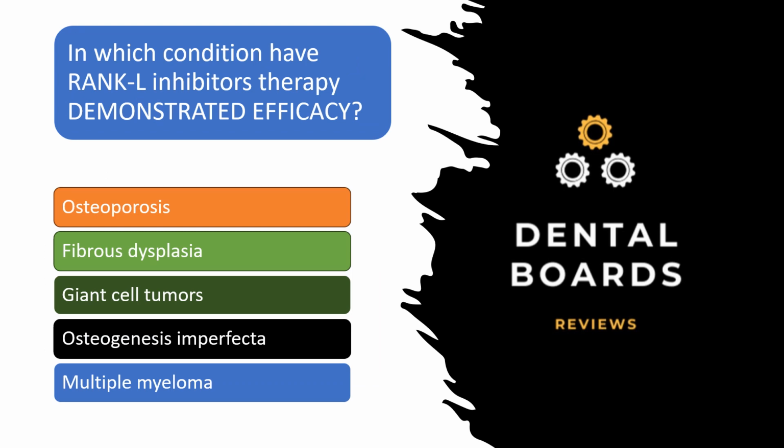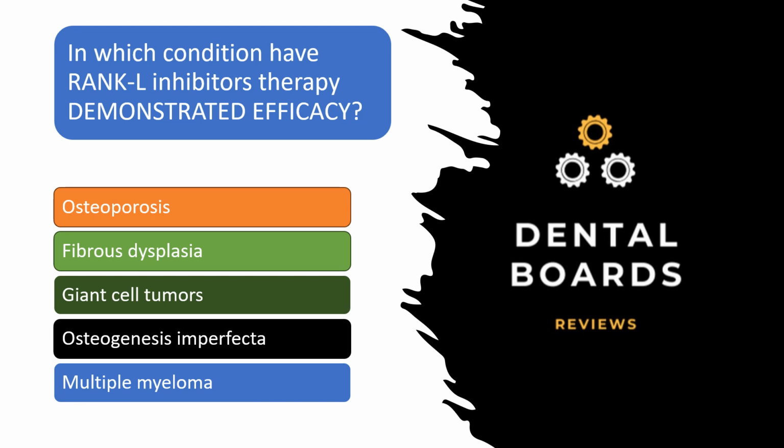In which conditions have RANK ligand inhibitors such as denosumab shown efficacy? Is it osteoporosis, fibrous dysplasia, germ cell tumors, osteogenesis imperfecta, or multiple myeloma?